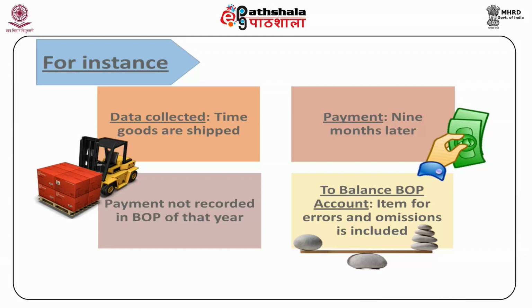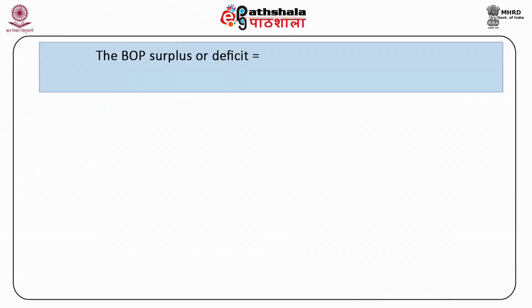You may wonder about the above point. If the balance of payments always balances, allowing for errors and omissions, then why do we talk about a country running a balance of payments surplus or a balance of payments deficit? The balance of payments surplus or deficit refers to the sum of the current account and capital account balances.